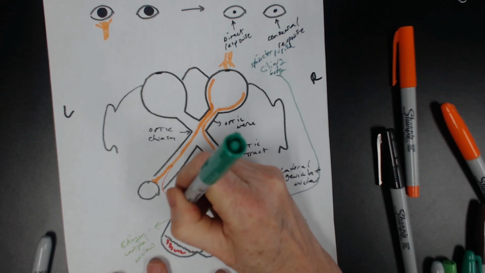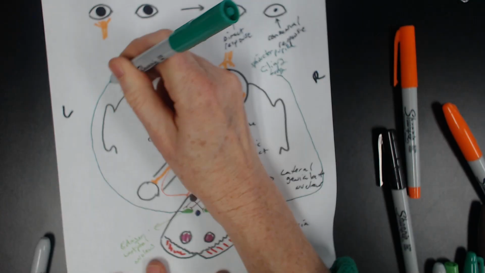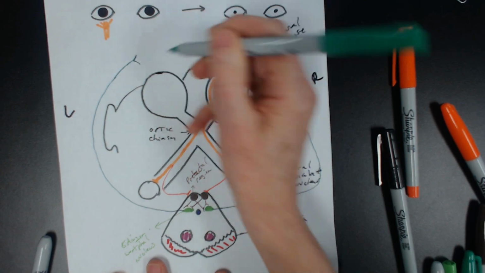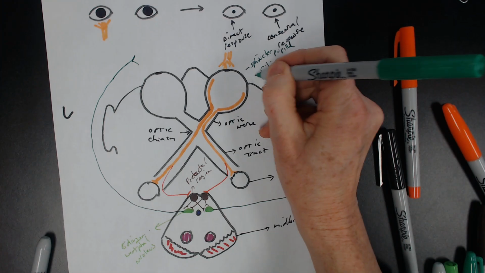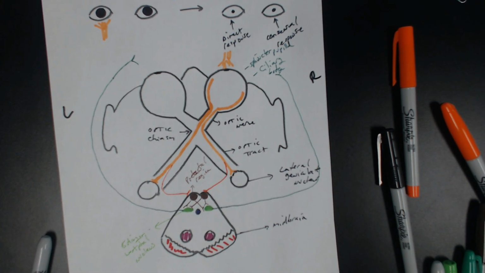Bilaterally. Okay, and that's how you get pupillary constriction of both eyes.